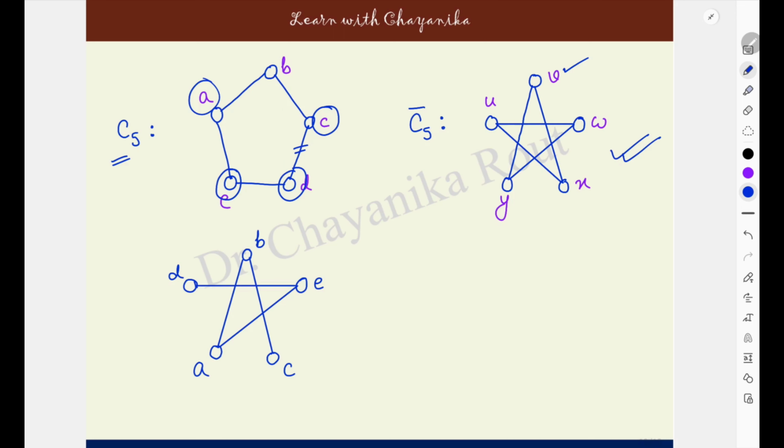And D and C are adjacent, so I make the vertices C and D adjacent to each other. So I can see that C5 in a different orientation looks exactly like C5 complement. That is, C5 is isomorphic to C5 complement, so C5 is a self-complementary graph. And when they are isomorphic, you can definitely provide the isomorphism as well, the bijective mapping. So that is basically the idea of self-complementary graphs.